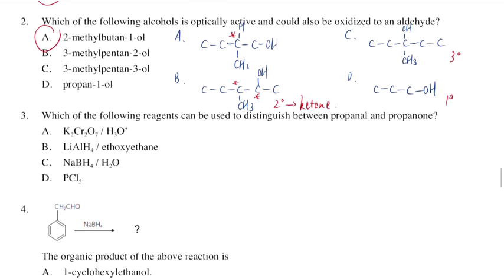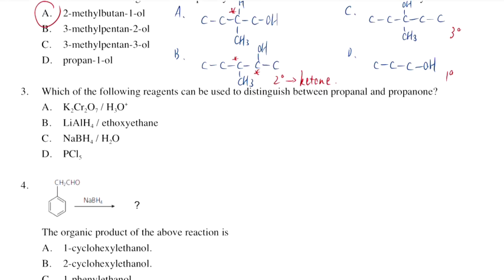Okay, let's move on to the third question. Which of the following reagents can be used to distinguish between propanol and propanone? First one, if we use potassium dichromate in acidic condition, propanol would be oxidized to carboxylic acid, but there would be no reaction with propanone.